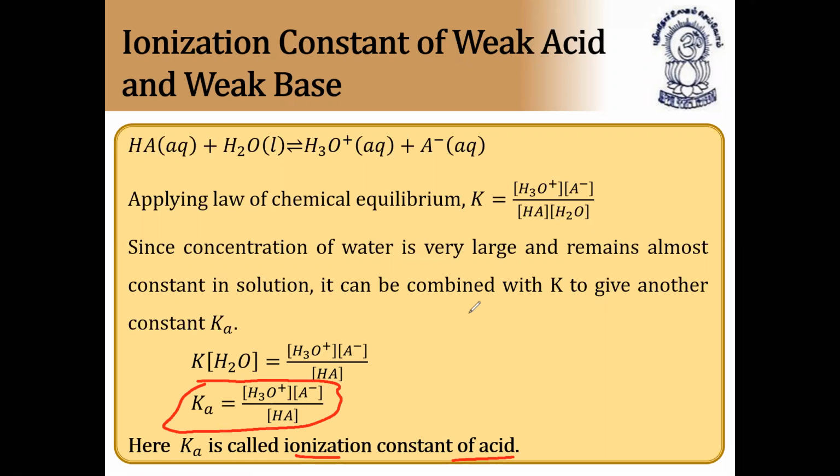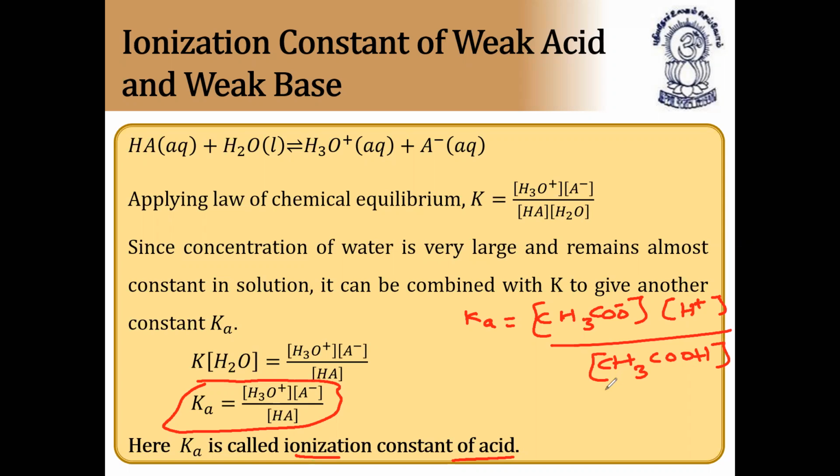For example, if we take acetic acid, ionization constant of acetic acid Ka is equal to concentration of CH3COO minus into concentration of H plus divided by concentration of CH3COOH, that is acetic acid, a weak electrolyte. So in this way we find out the value of ionization constant of acid. Ka is called dissociation constant of acid or ionization constant of acid. Both are similar.